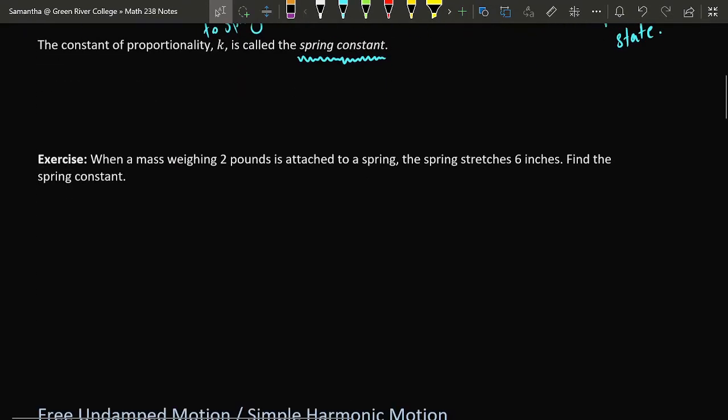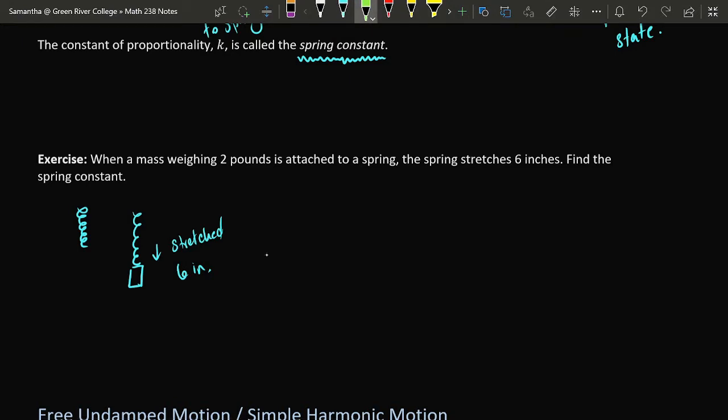For example, suppose that we have the following information. We have a regular old spring, but when we attach a 2-pound weight to the spring, then the spring is stretched 6 inches from its normal resting state. Based on that data, let's find the spring constant.